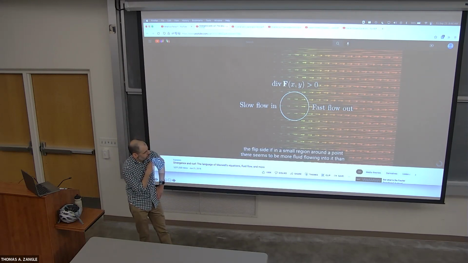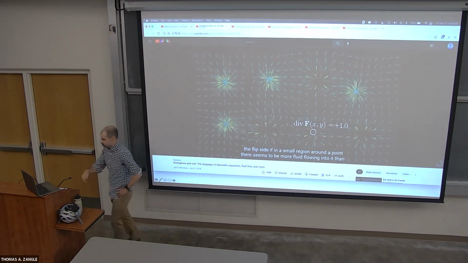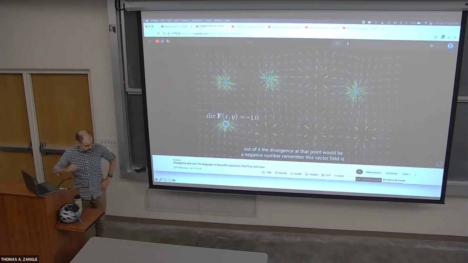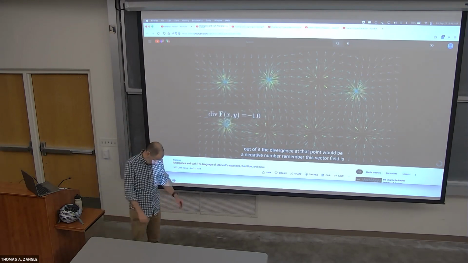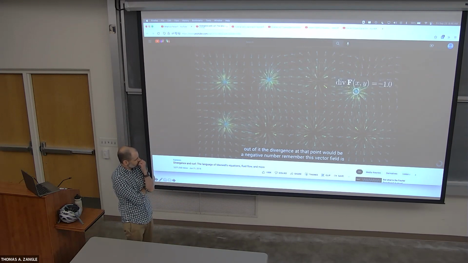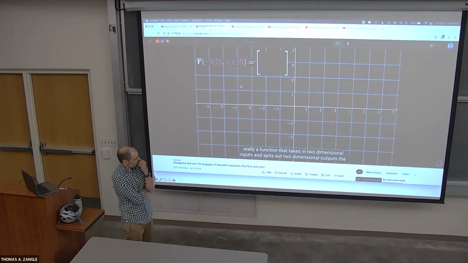Now, on the flip side, if in a small region around a point there seems to be more fluid going into it than out of it, the divergence at that point would be a negative number. Remember, this vector field is really a function that takes in two-dimensional inputs and spits out three-dimensional outputs.